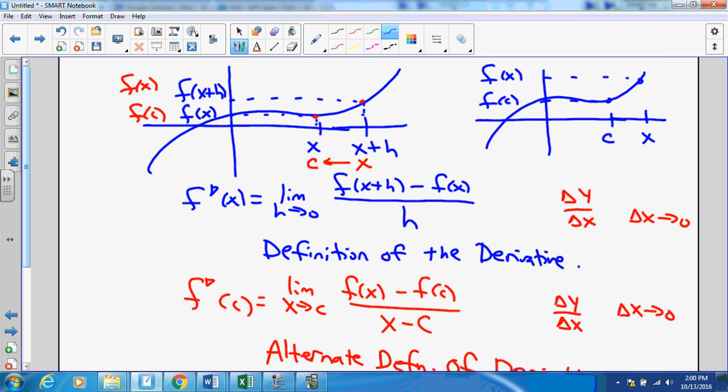They're going to be f of c and f of x. And now to set it up, you're simply going to do your delta y over delta x: f of x minus f of c for delta y, and x minus c. And now the trick is to make it instantaneous. We need to let that delta x go to 0. And in this case, that means letting x approach c.